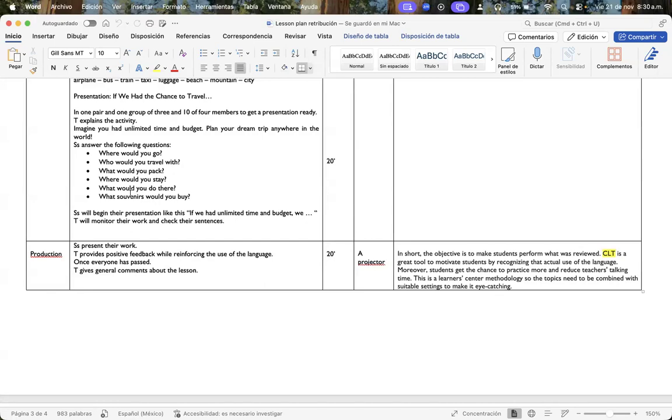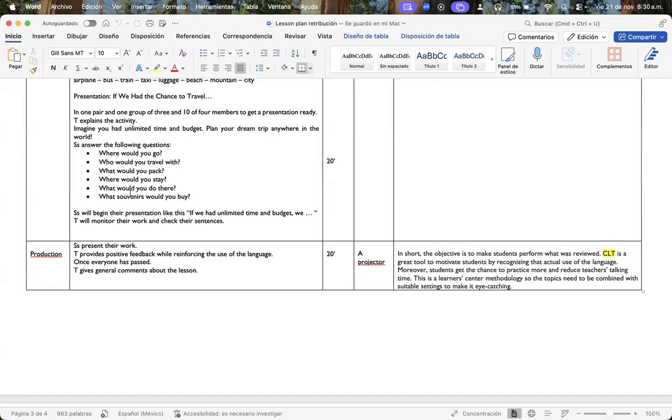And now as a teacher, you're only going to be a monitor. If they ask you some questions, you're going to guide them, but you're going to let them practice what you have already checked with them, and also help each other, because this is teamwork.